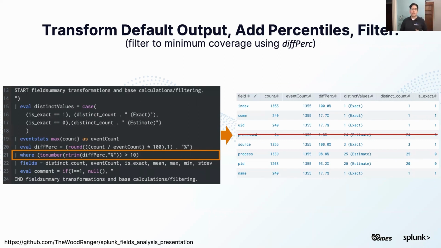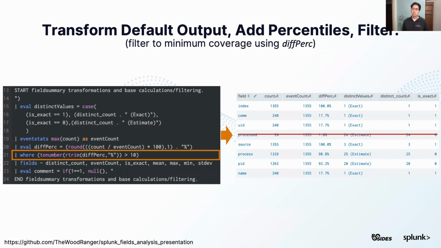Now, as you can see from the table, the processed field is the only one with less than 10% coverage, so it gets dropped from our results. Now, the count field in this context and coming out of the field summary is based on how many events that were scanned, or result rows in the case of running it on already formulated results, exist where each given field is not null.